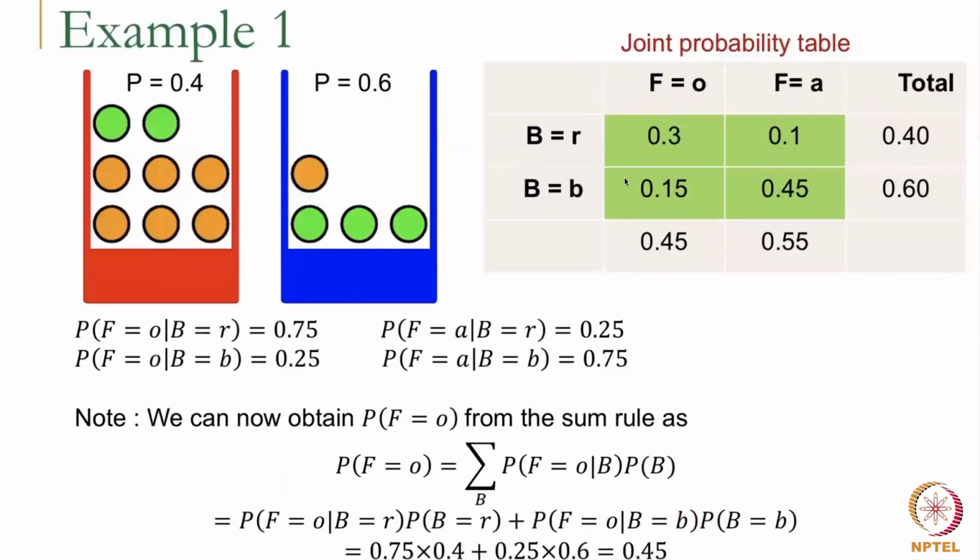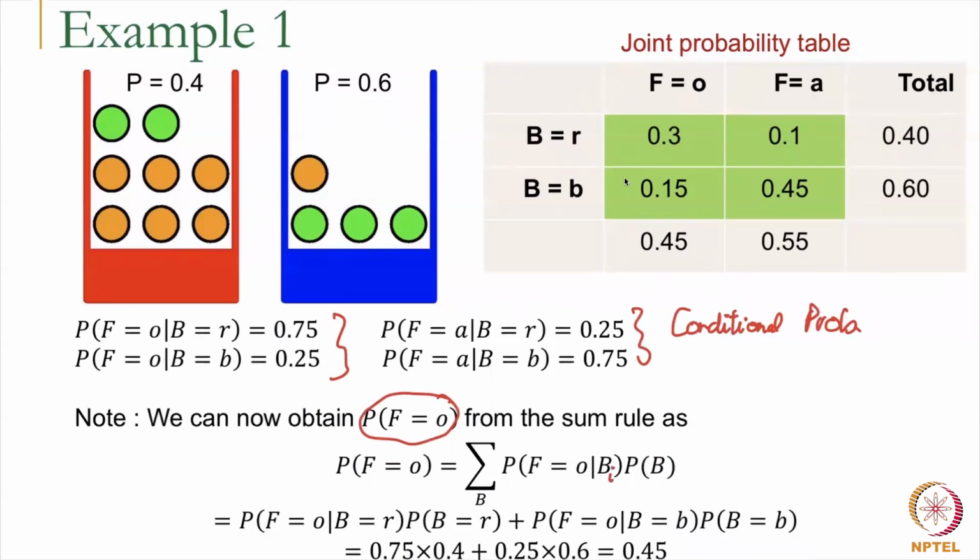Okay. Now we have these 4 conditional probabilities. Suppose I ask you what is the probability that the fruit is an orange? Okay. This you would calculate using the sum rule. So we would ask the question, what is the probability that the fruit is an orange?